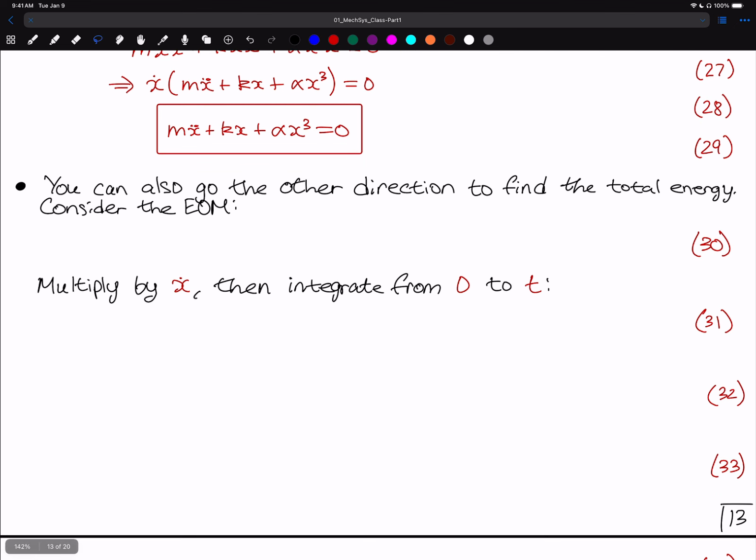So let's consider the following system: mx double dot plus bx dot plus a times x squared x dot, so that's a nonlinear viscous damping, plus kx plus alpha x cubed is equal to F of t. So we have now some external forcing. We're going to multiply the whole equation by x dot, and then we're going to integrate from 0 to t.